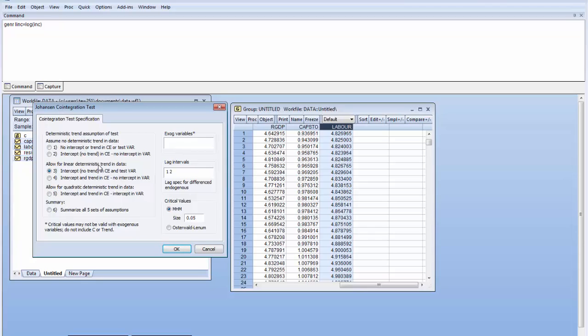If you assume that there is no deterministic trend in the data, in other words, that none of these variables have trends, none of them move upwards persistently, but move erratically and do not trend up or down stochastically or persistently, then you have to choose this first option.